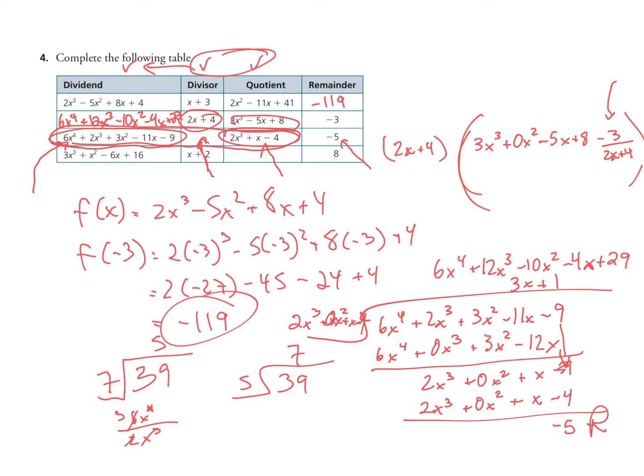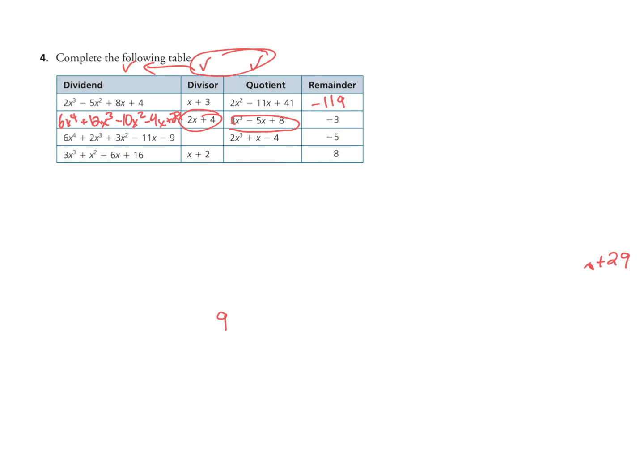Oh, look at our remainder. Just what we wanted to see, negative 5. So the answer is 3x plus 1. Let's get rid of some of this garbage. Oops. 3x plus 1.